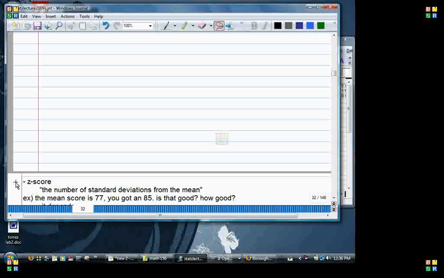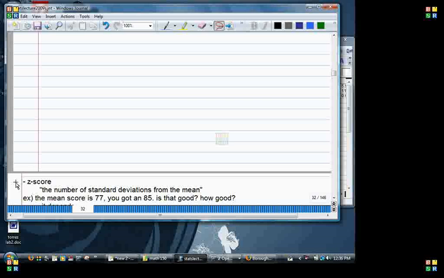Well, it's good, but it's not amazing. So what this depends on is how spread out is the data. If all the scores in the class are from 70 to 85 and you get an 85, that's awesome. But if the scores go from 30 to 100, an 85 is good, but it's less awesome.